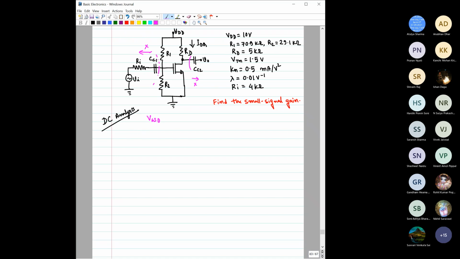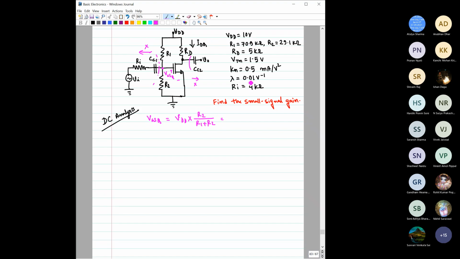We have to first find VGSQ, that is this point, plus minus. That can be quite straightforward. It would be VDD times R2 divided by R1 plus R2. All the values are given here.